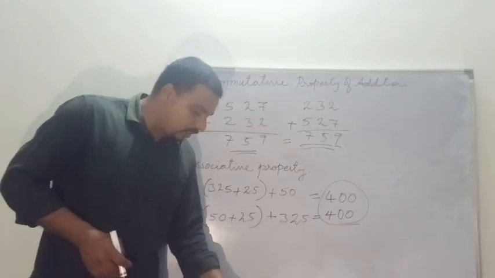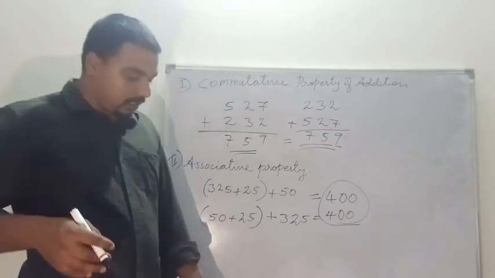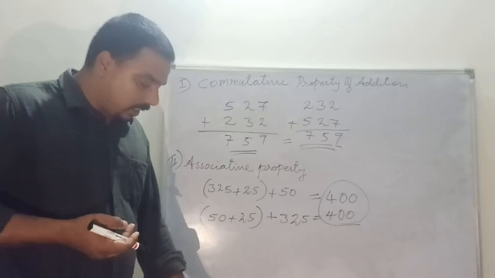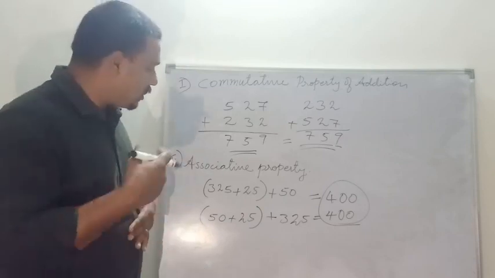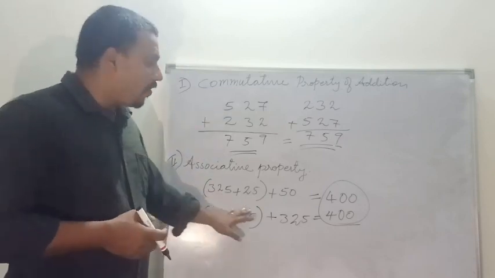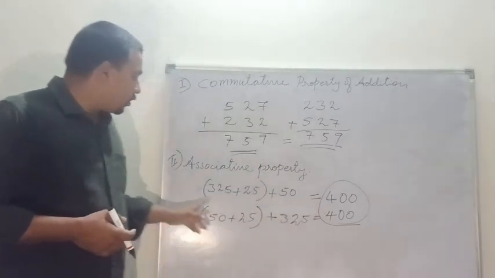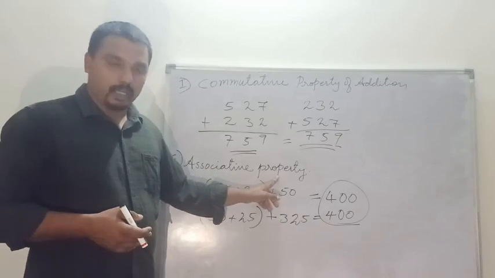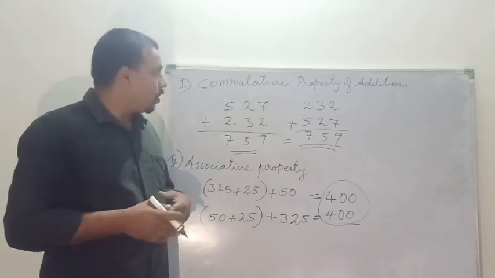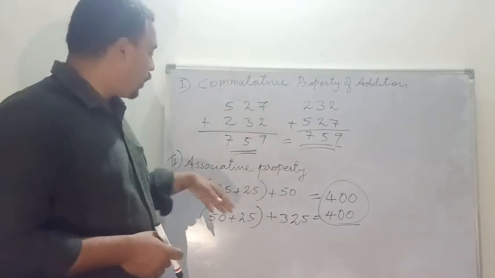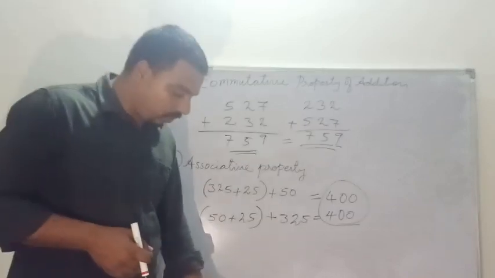So we can say the sum of three numbers does not change when we change their grouping. It does not affect the sum. We will get the same number. That is called the associative property of addition. I hope all of you understood about the commutative property and the associative property of addition.